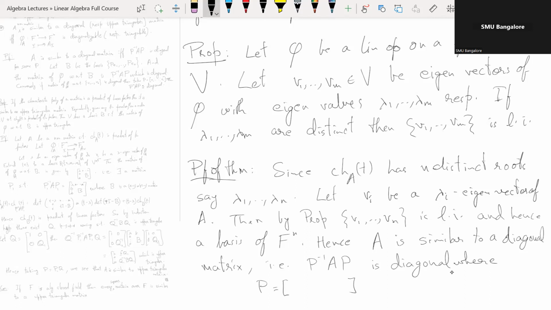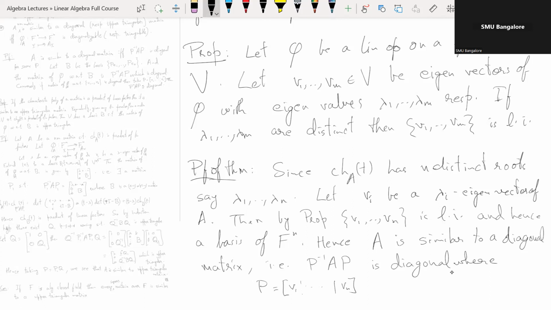These Vi's are vectors in Fn, so you just have to put this thing.